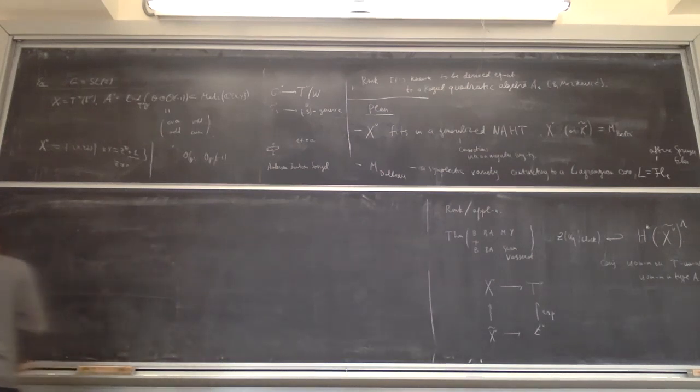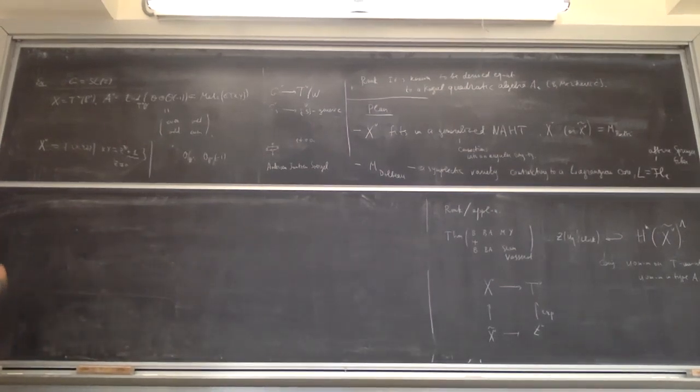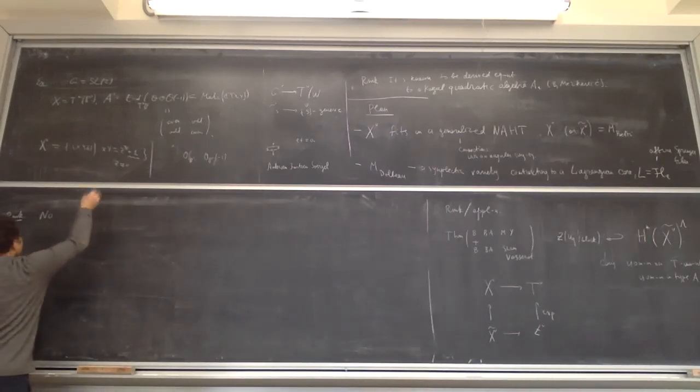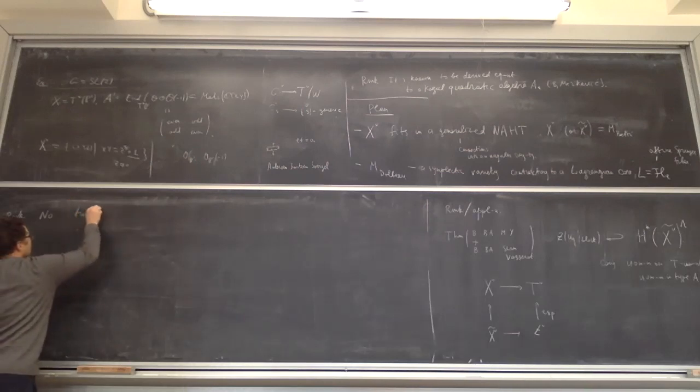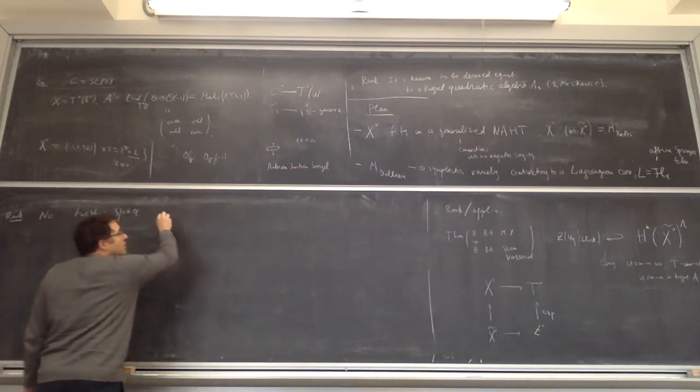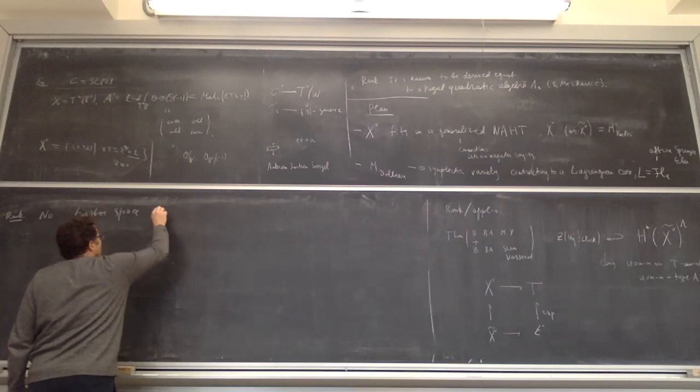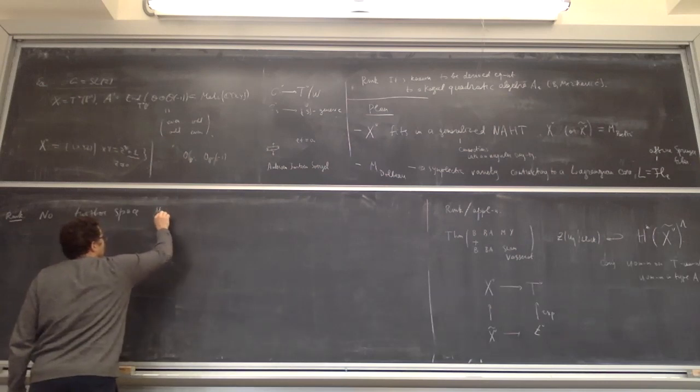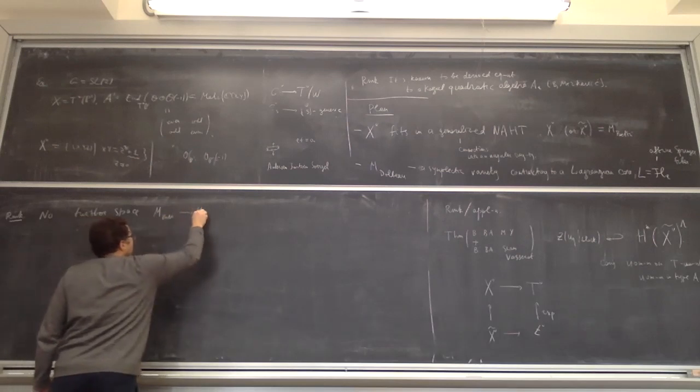Okay, so again, the remark is that there is no identification, no twistor space degenerating M Betti to M Dolbeault in the literature.